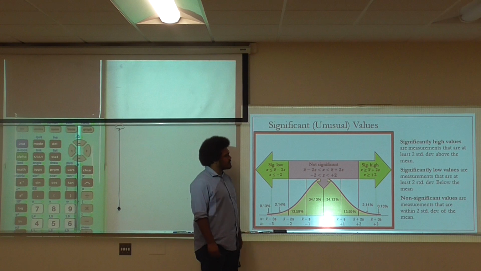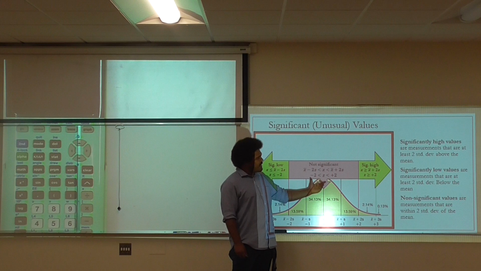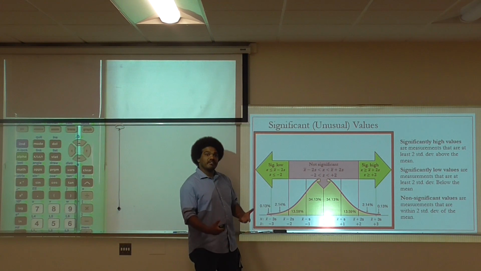Or if they're 2 standard deviations less than the mean or equal to that, we know they're going to be unusually or significantly low values. If it's somewhere in the middle, then we definitely see it as non-significant, aka usual values.